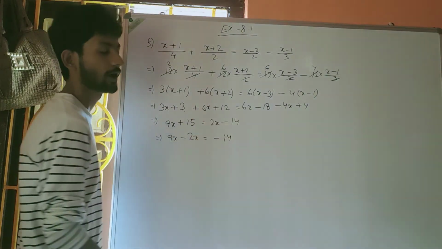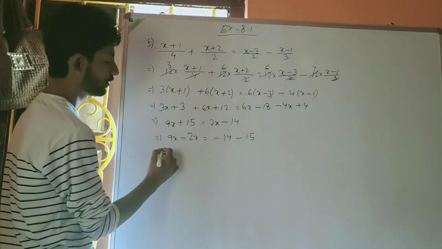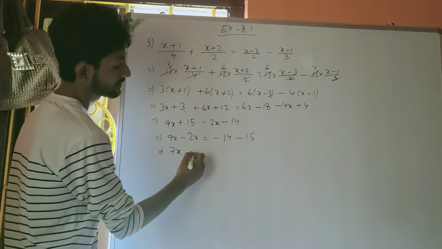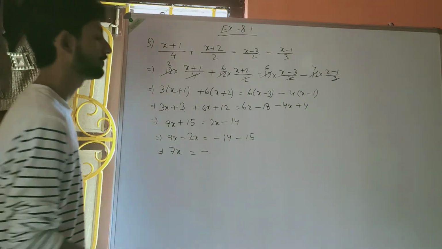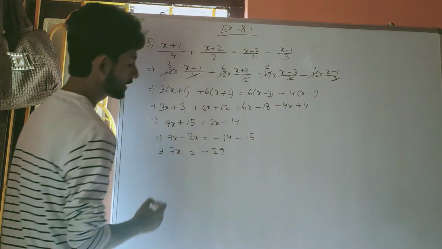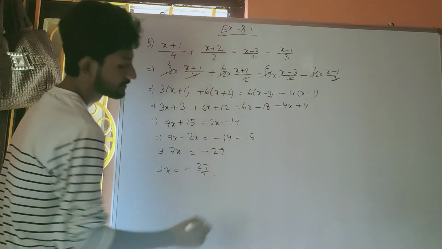So minus 15 will go this side. Then plus 15 will be minus 15. So 9x minus 2x is 7x, and minus 15 minus 14 will be minus 29. So x will be minus 29 divided by 7.